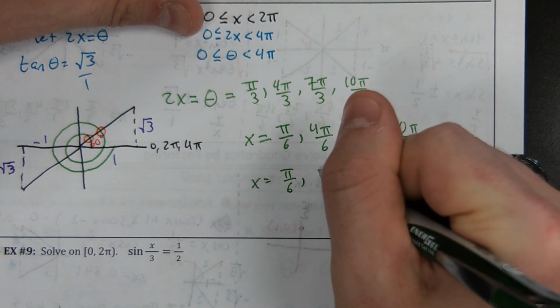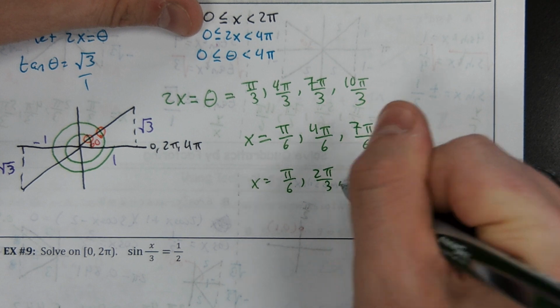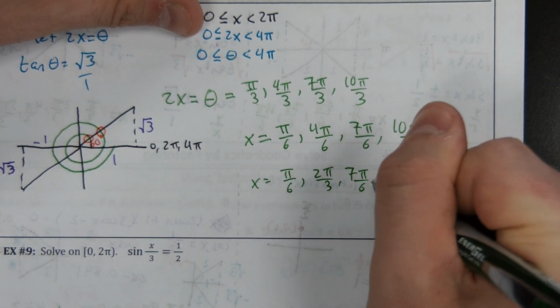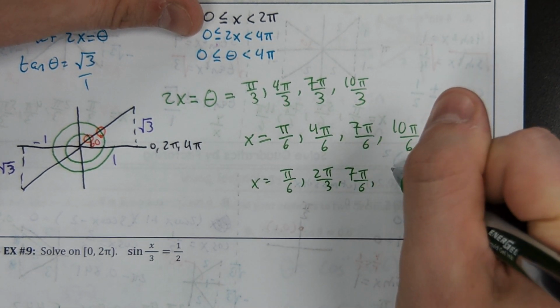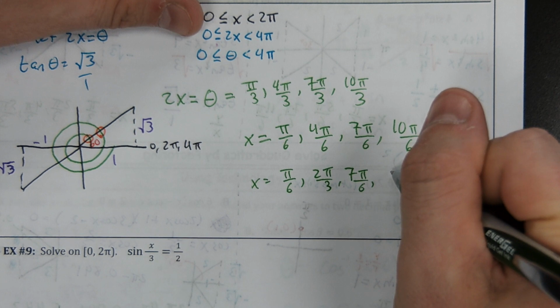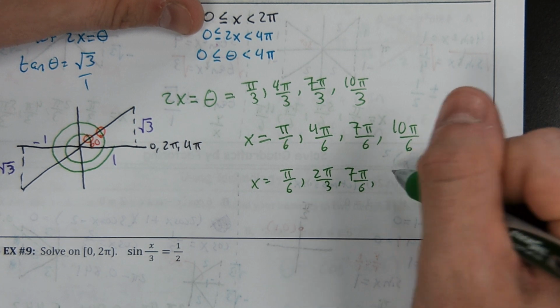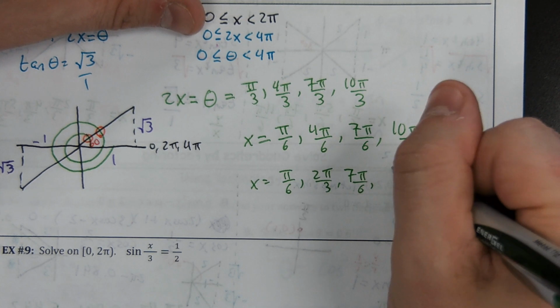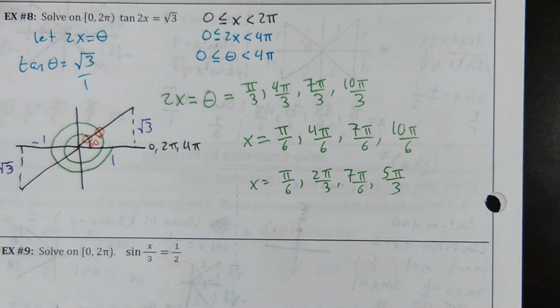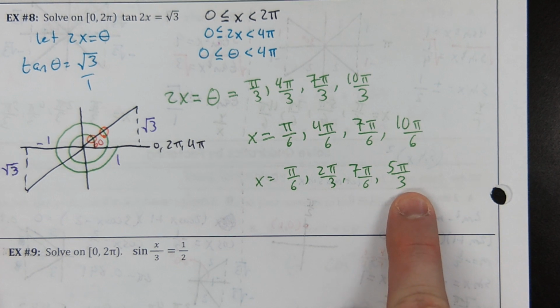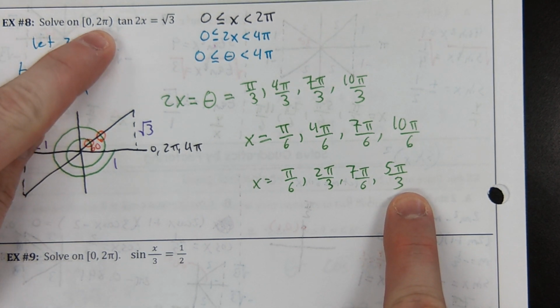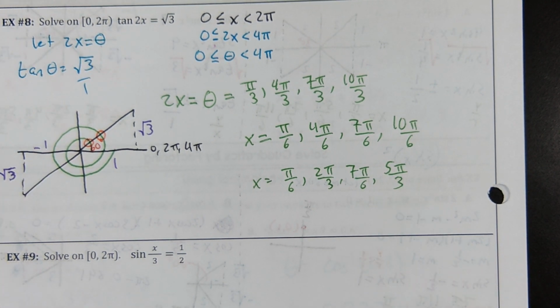So pi over 6, 2 pi over 3, 7 pi over 6, and 5 pi over 3. I was thinking 5 pi over 6 in my head, but it's 5 pi over 3. And this is just a little bit before 2 pi, isn't it? So we know that we satisfied the restrictions on the domain.